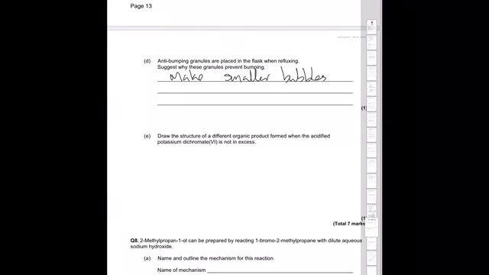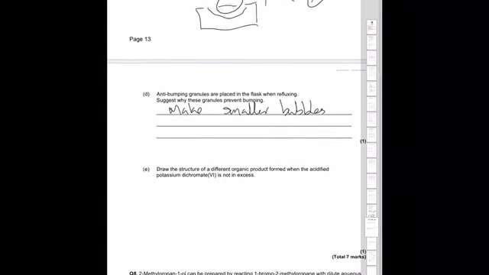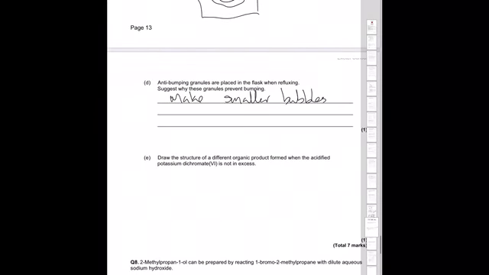Draw the structure of the different organic products formed when the acidified potassium is not in excess. So you've got a different combination. Sometimes you can have the carboxylic acid forming the aldehyde, or staying as the alcohol, or you can have the secondary alcohol staying as an alcohol and not going into a ketone.